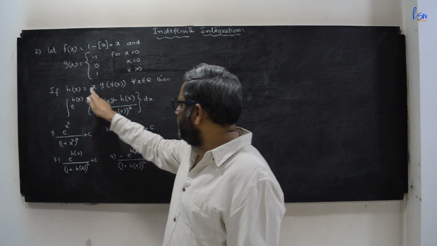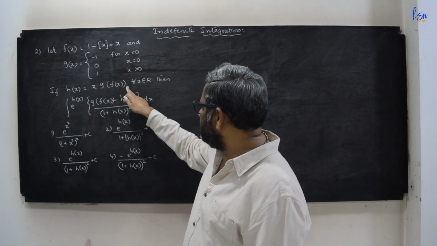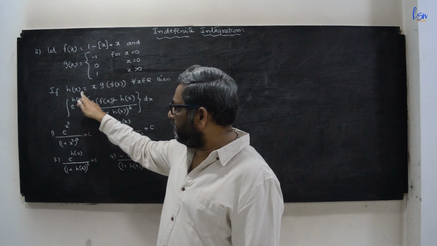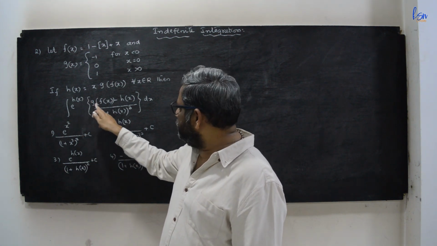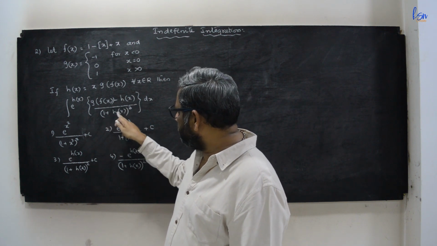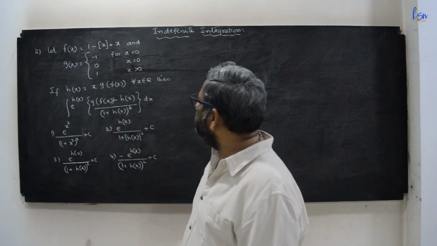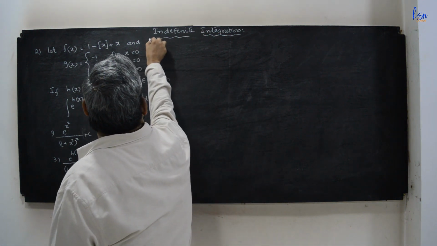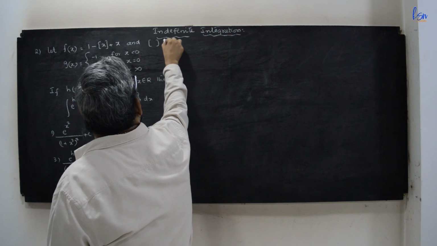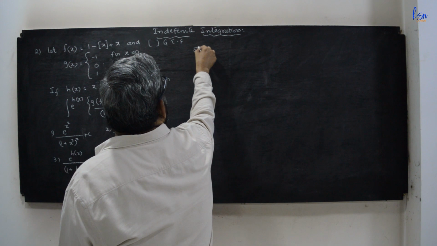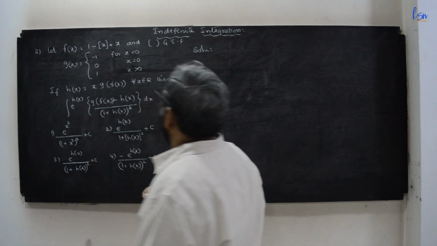If h(x) equals x into g(f(x)) for all x belongs to R, then find the integral of e^(h(x)) times g(f(x)) - h(x) over (1 + h(x))^3 dx. This is the problem. These are the options. Here the bracket indicates the greatest integer function.